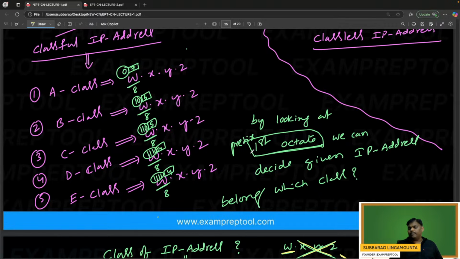By seeing the prefix part on the left hand side, I can say this phone number belongs to which country, like plus 91 India, plus something else, other countries. Similarly here, in the 4 octets, by seeing W, the first octet, I can decide which class this IP belongs to.